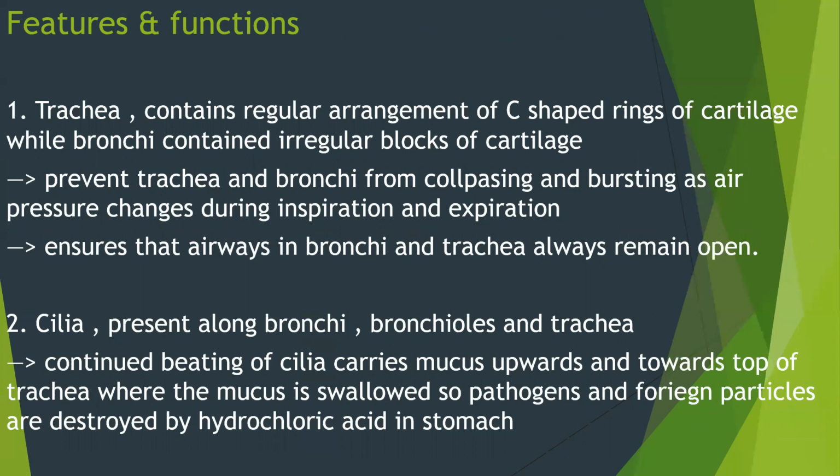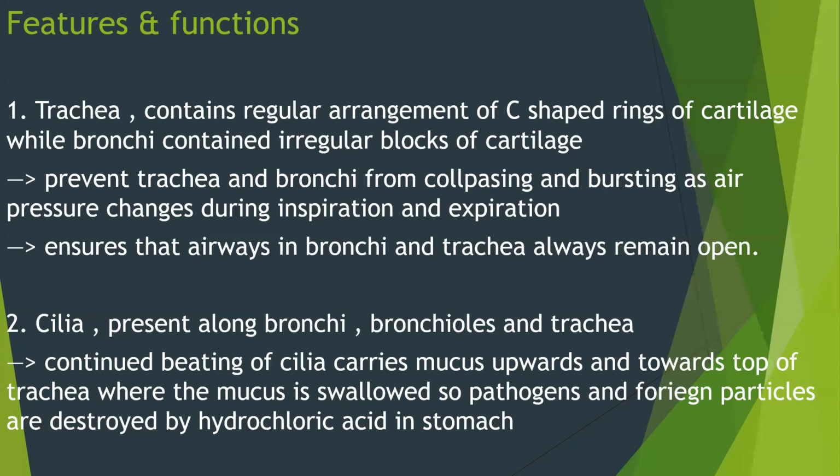Bronchi contain irregular blocks or chunks of cartilage. The cartilage allows the bronchi and trachea to remain open at all times, and it also prevents them from collapsing and bursting, and allows them to resist air pressure changes during inspiration and expiration, or during breathing.